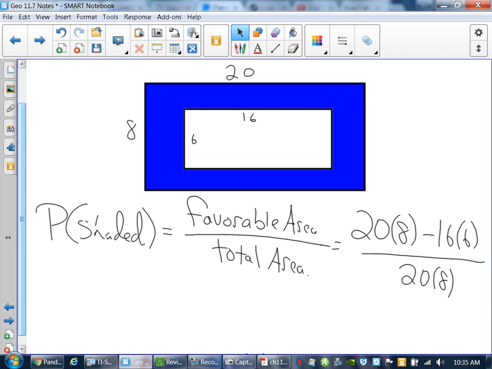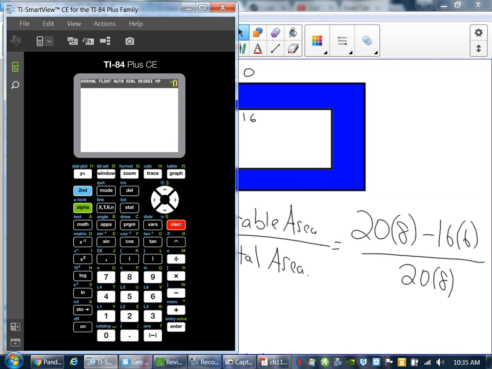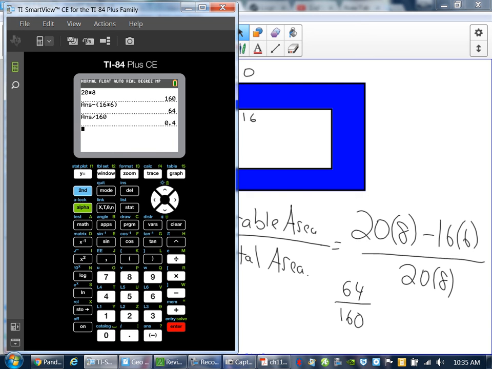As you go through this, you can type in basically this, 20 by 8, subtract parentheses, 16 by 6, and I get that for a numerator. 64 over 160. And when I divide that out, it gives me an answer, 0.4. Your calculator might say 2/5.